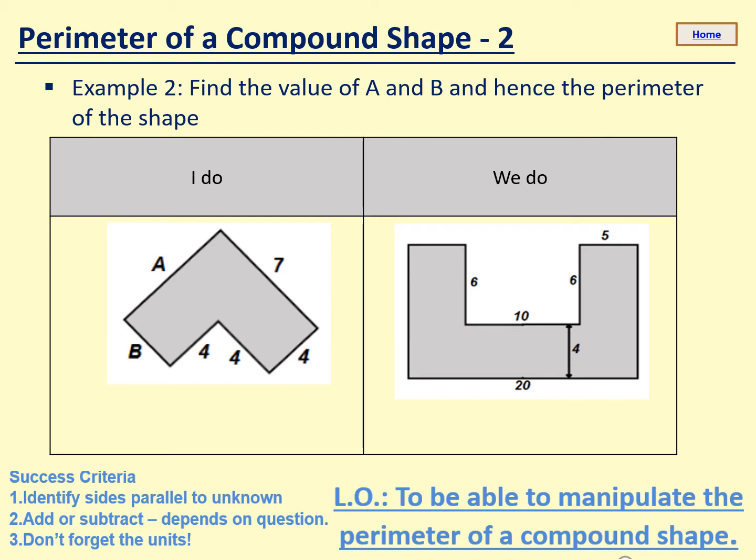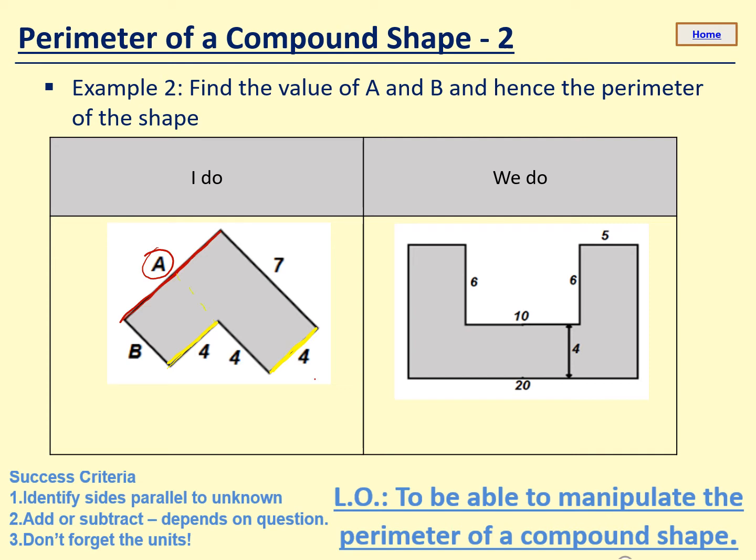So now this is a little bit of a different type of question. Our a is actually a longer side. But we follow the same rule. So identify sides parallel to our unknown, so all the sides going this way. Add or subtract depends on the question.